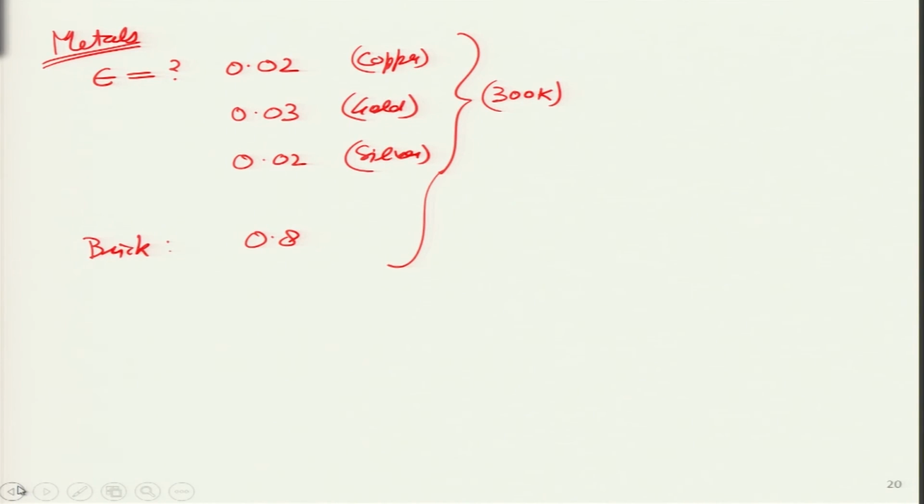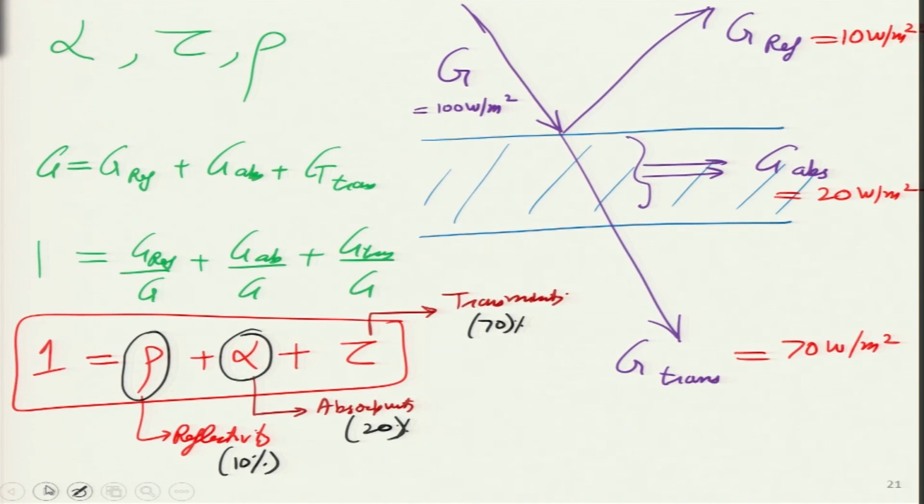And that shows that metals actually are having very high reflectivity, very low transmissivity, and from there we are able to get that absorptivity may also be very low, which means now we can see that there must be some connection between absorptivity and emissivity, because metals already have very low emissivity values as well, which brings us to a very interesting correlation over here that I will write as Kirchhoff's law.